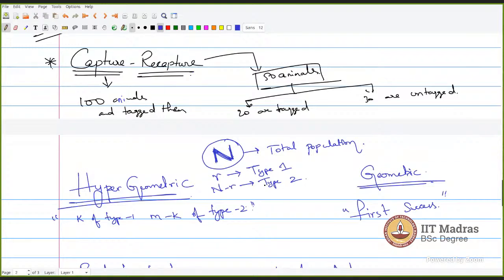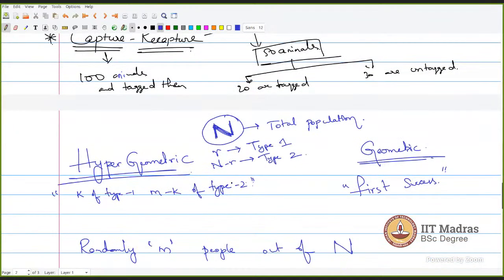Now there are two types, either the animal is tagged or untagged. Out of this total N, 100 are tagged and N minus 100 are untagged. And later we randomly chose 50 animals out of the total population. So here m is 50.